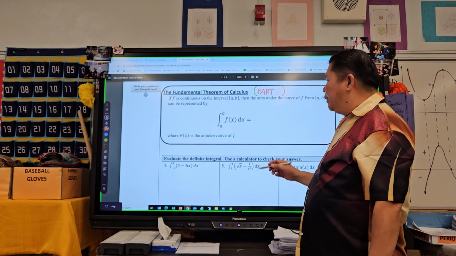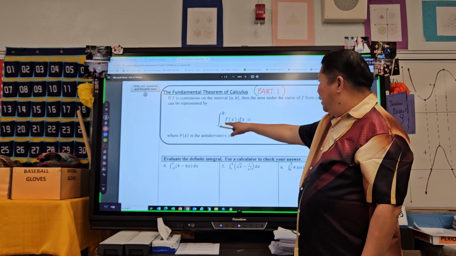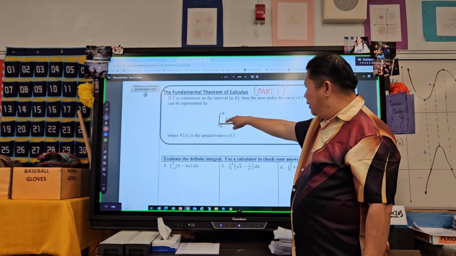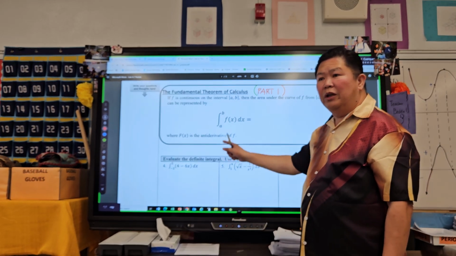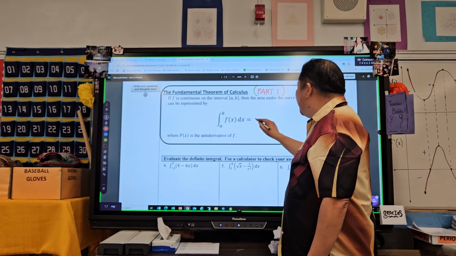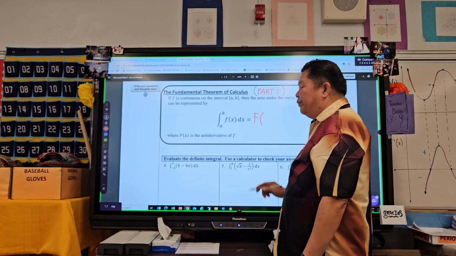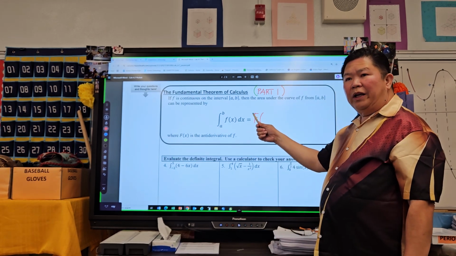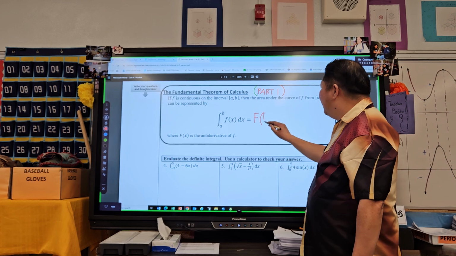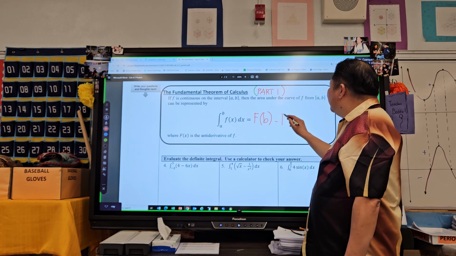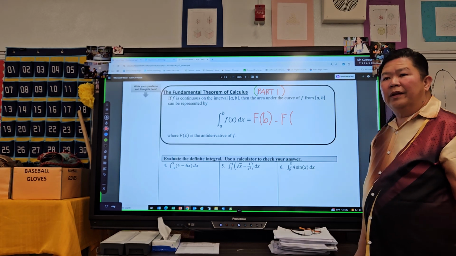Now, can you remember last time? This is small f, and if we do the antiderivative, what happens to small f? Big F. So F of the upper limit. What is the upper limit? B. Minus the lower limit a.